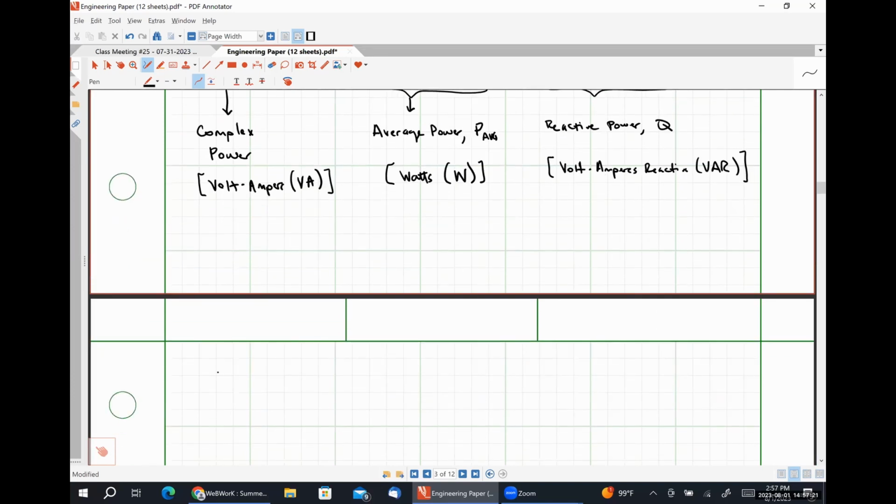our complex power, let me write this here, S is equal to V times I conjugate, will be given as the magnitude of S with an angle of theta S. Or let me back things out here.